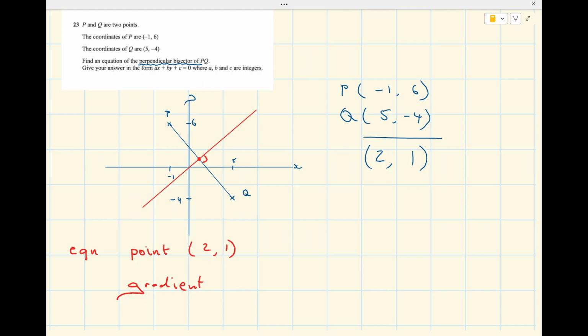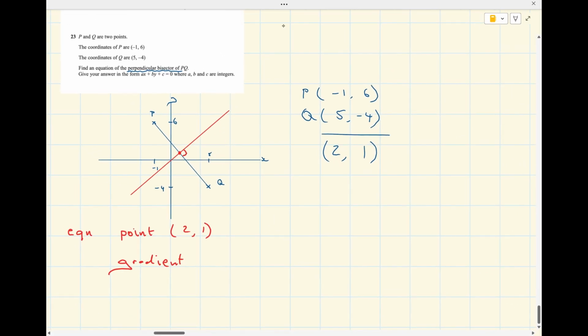Now, what about the gradient of the red line? I don't know. But I do know the gradient of the blue line, or at least I can work it out. If I know the gradient of the blue line, then I can work out the gradient of the red because they're perpendicular. So let's have a look at PQ and work out its gradient. Now, you could always draw a right angle triangle here and think about rise over run, or you could use the coordinates themselves.